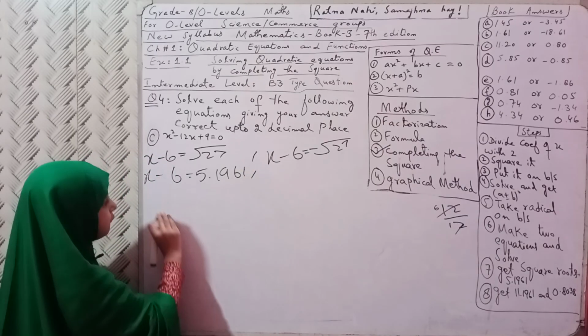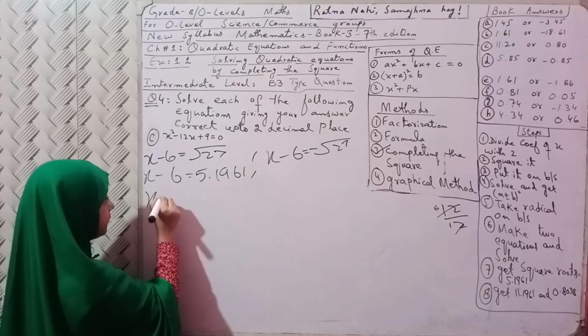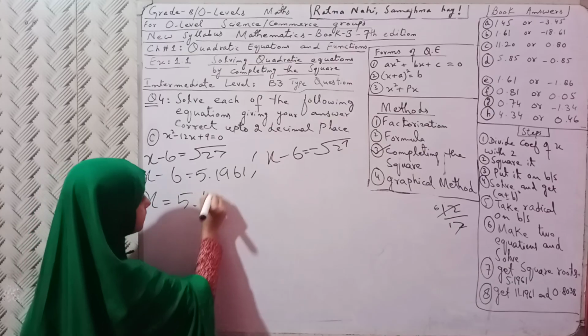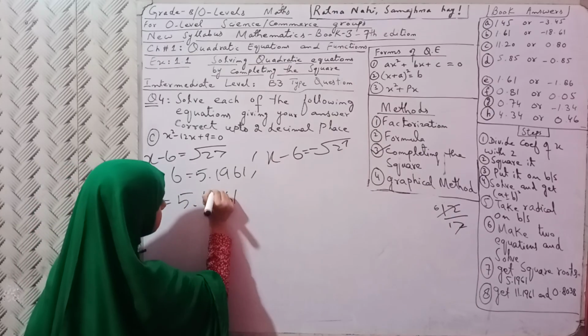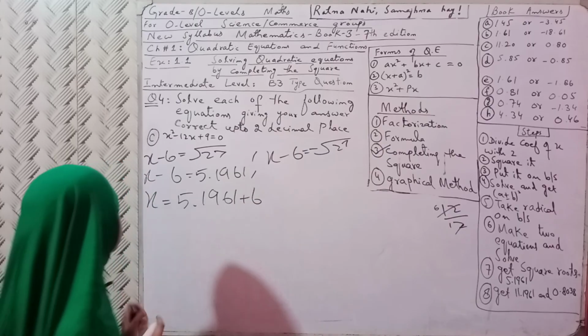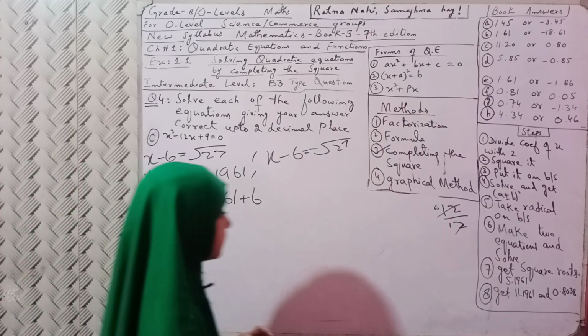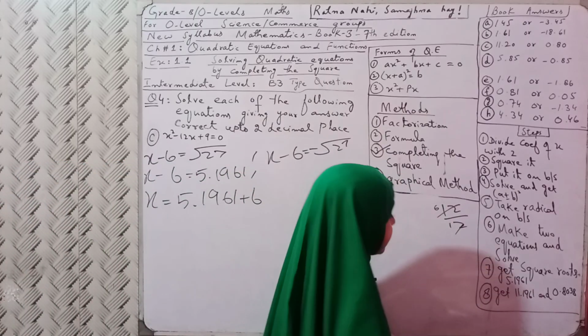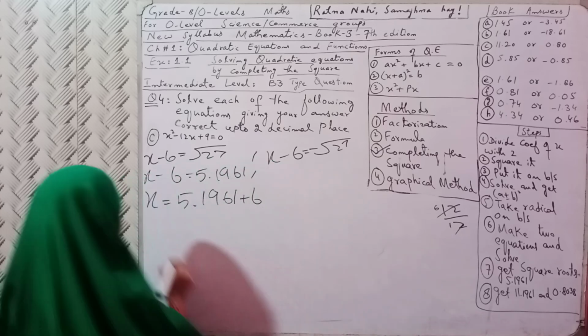Now this minus 6 will go there, this will be plus 6. 5.1961 plus 6. Then get 11.1961.